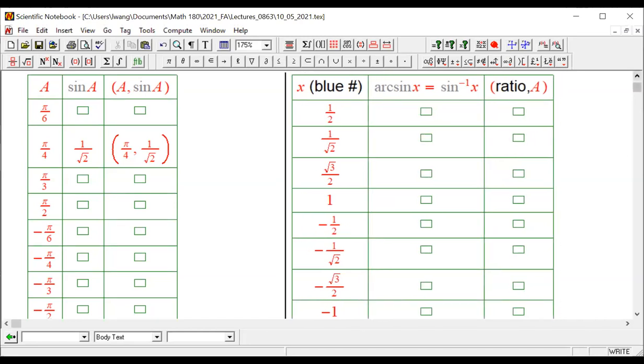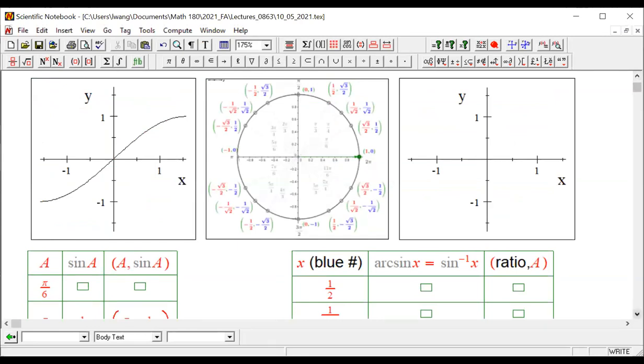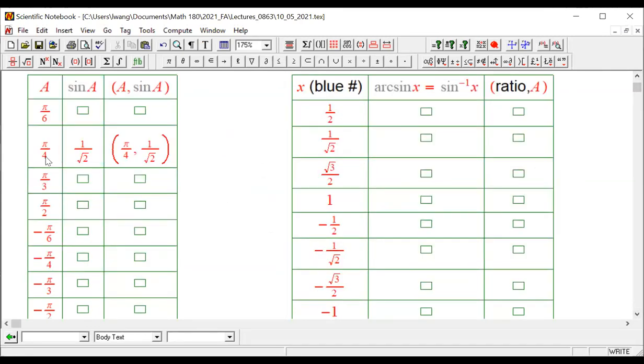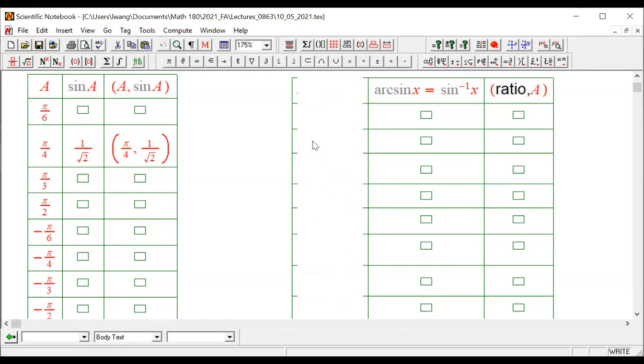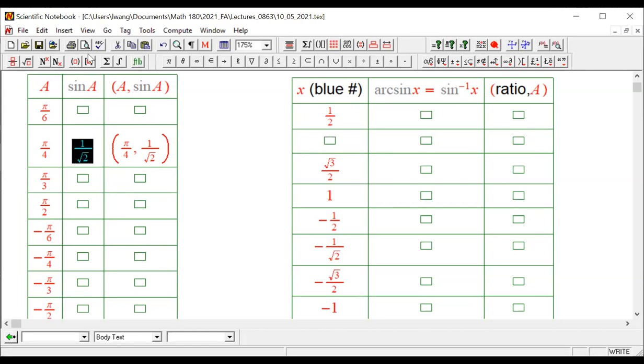Is everybody ready? So we just did pi over 4 as the input for the g function. Its output is a ratio. Now the output ratio, the input will be what? Angle. So how do we write it? 1 over root 2.